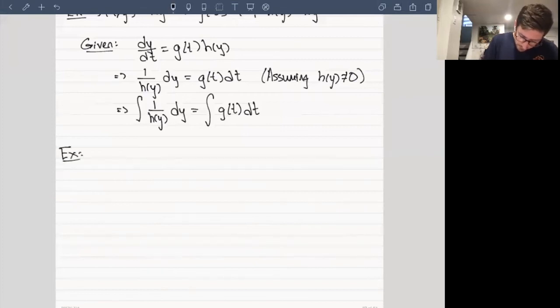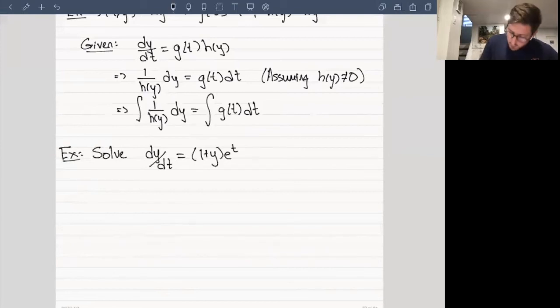How about I give you a differential equation and I ask us to solve it. So dy dt is equal to 1 plus y e to the t. And I'm going to put a stipulation on here that I'm only interested in the cases where y is larger than -1.